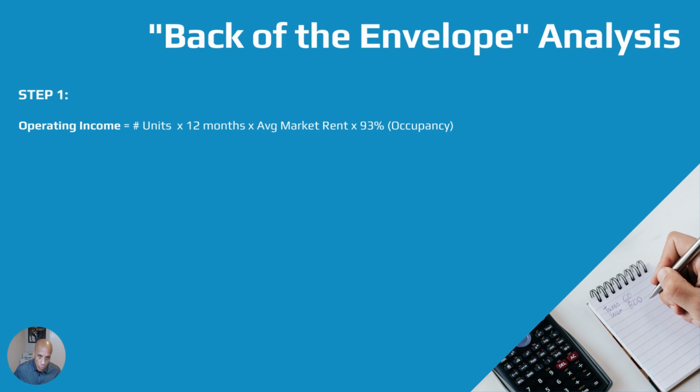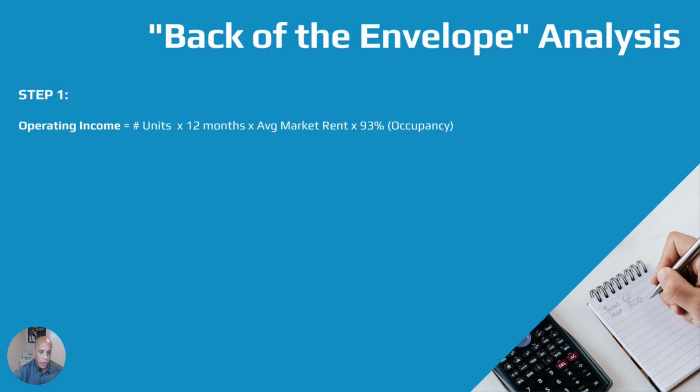Moving on, what we want to discuss is the back of the envelope analysis. Step one is to determine what the operating income on that property is. We need a few items. One of the things we need to know is the number of apartment units that this building has that we could charge rents on, and we're going to multiply the number of units by 12 months.